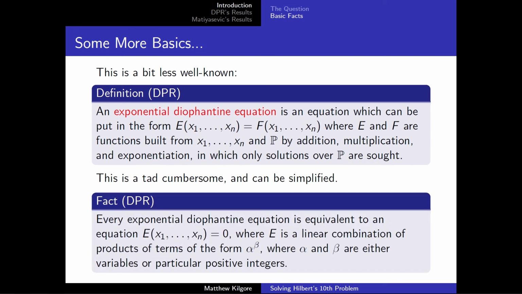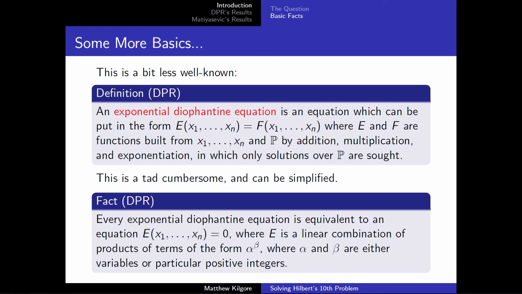Every exponential Diophantine equation is equivalent to an equation E(X) equals 0, where E is a linear combination of products of terms of the form alpha to the beta, where alpha and beta are either variables or particular positive integers.